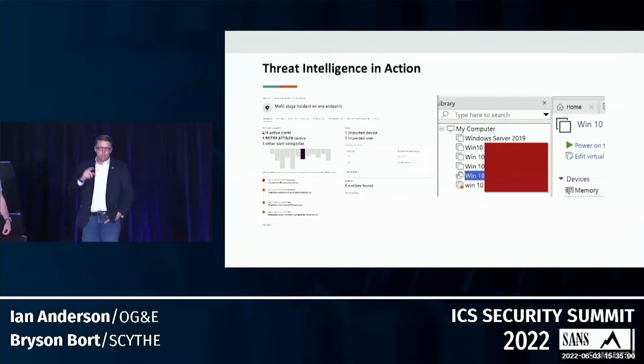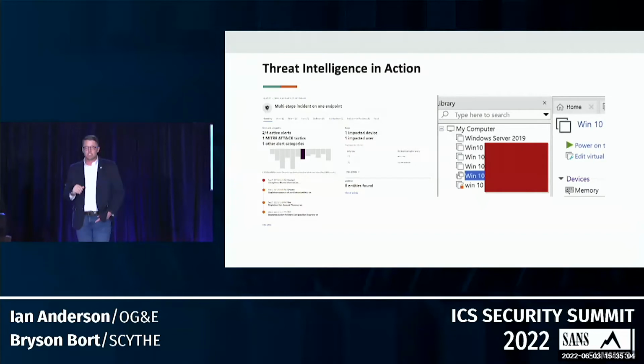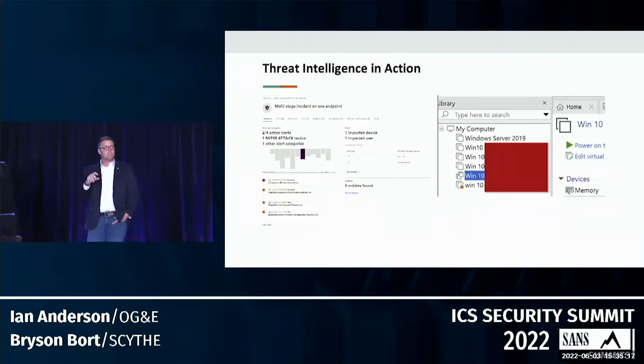Right, and this is just more examples of iteration. Adversary emulation can't just be one and done, where we're checking the box for the auditor or whatever. We gave everyone VMware Workstation, and we have gold images of our devices in different configurations, sometimes with an EDR, sometimes with just antivirus, sometimes with different tools.